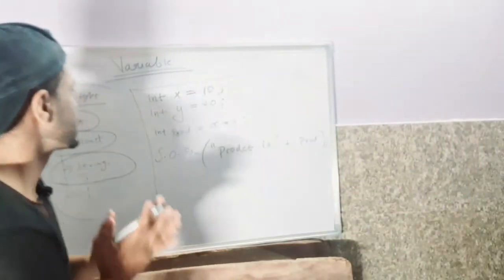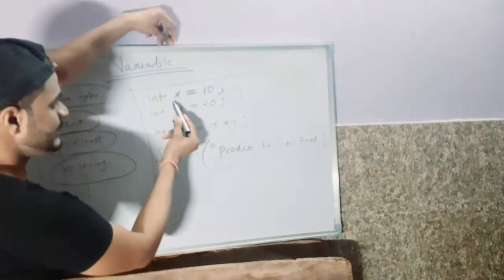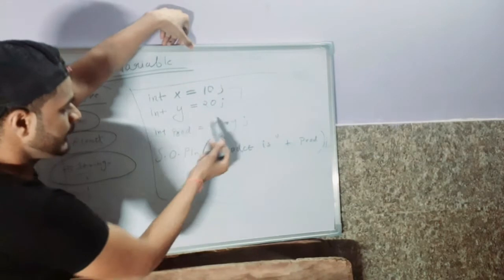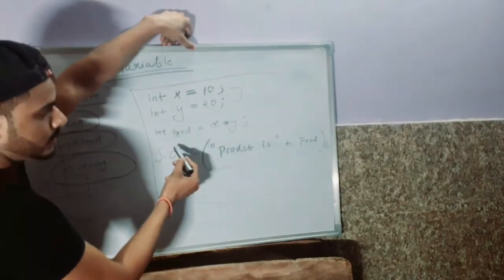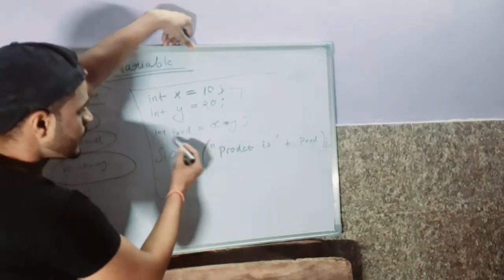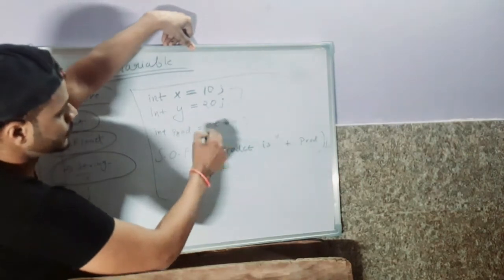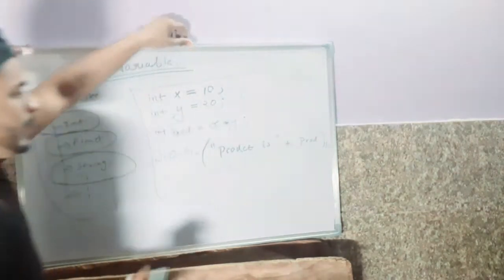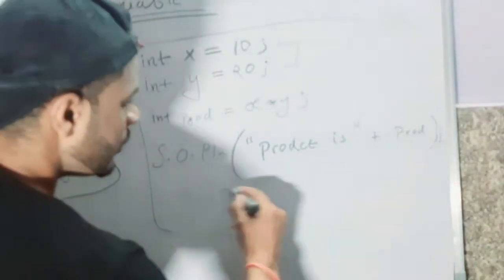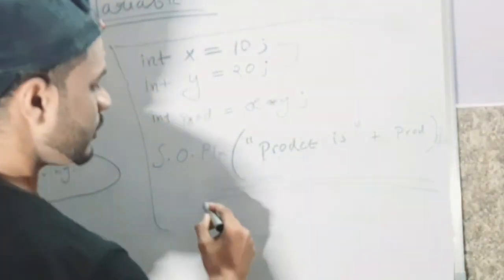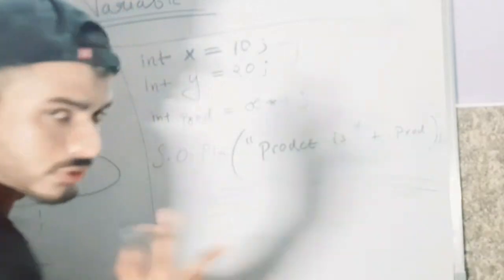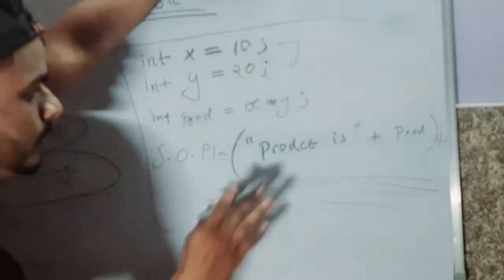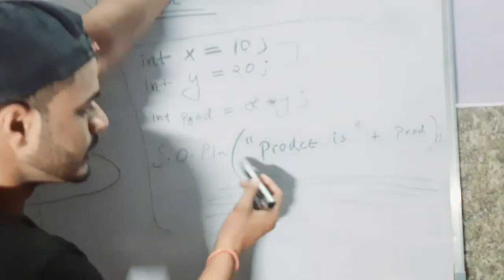Let's do some more. Integer x value 10, integer y value 20, integer product, multiplication, product is x into y. Now look here: System.out.println. What does it do?